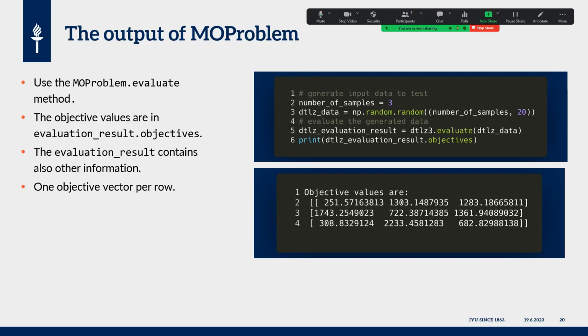You just call the resulting object dot objectives, and here is just some random test data for the problem we formed earlier. The values are not meaningful for this talk, but the example is relevant. The evaluator also has other information, but it's not relevant here, and you can look at the DESDEO documentation about it. And as we can see, the idea is to have these 2D NumPy arrays, with one objective vector per row, which is easy to think about and see.